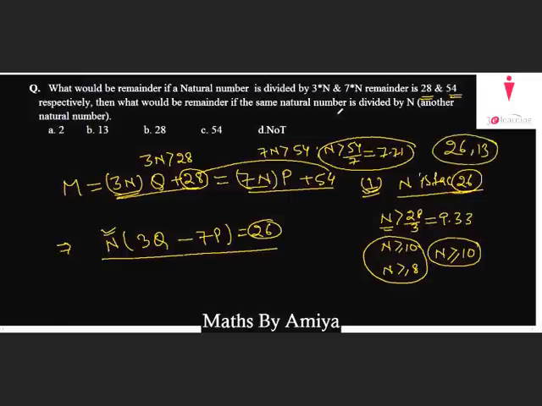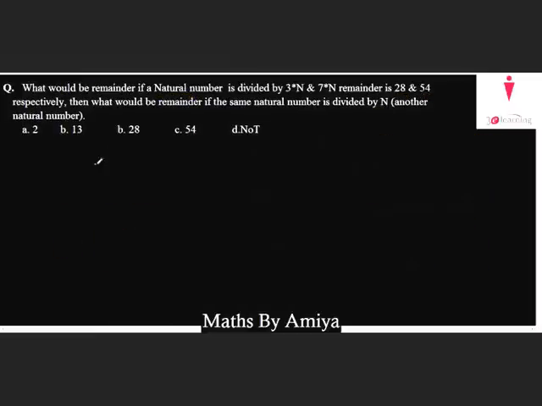We have to find the remainder when the natural number is divided by n. We know 3n gives remainder 28. So when the number m is divided by n, it would be 28 mod n. Or when m is divided by 7n, our remainder is 54.